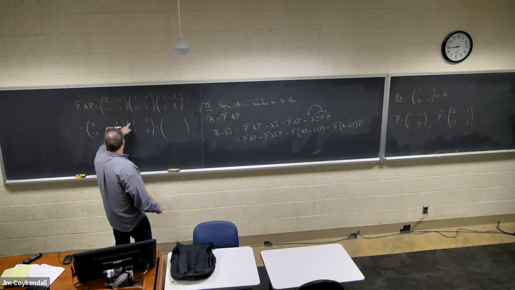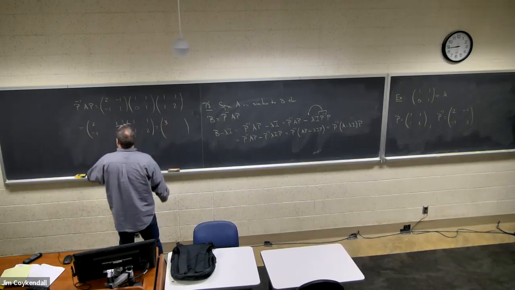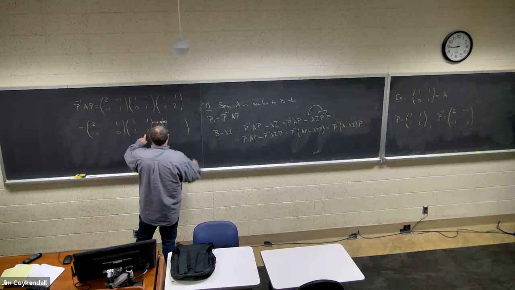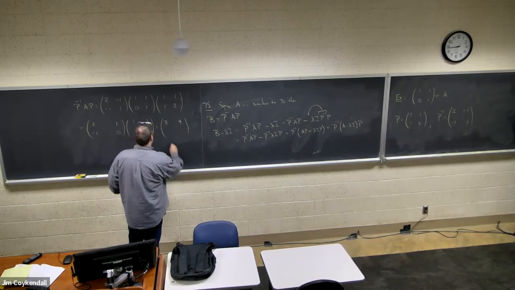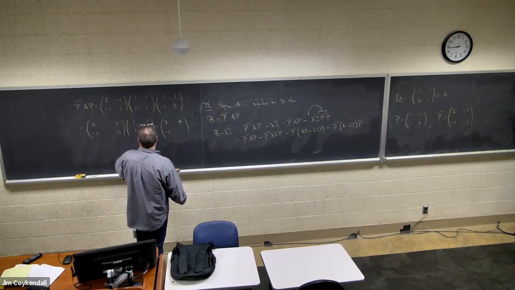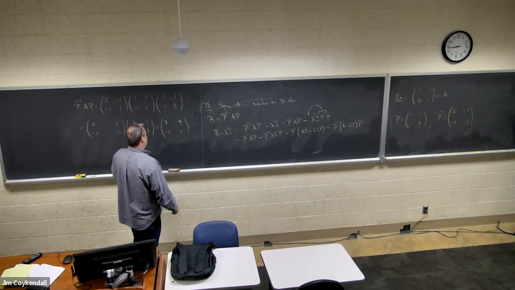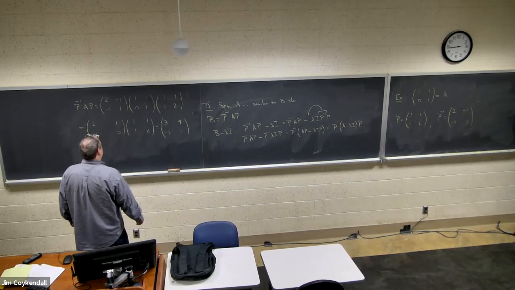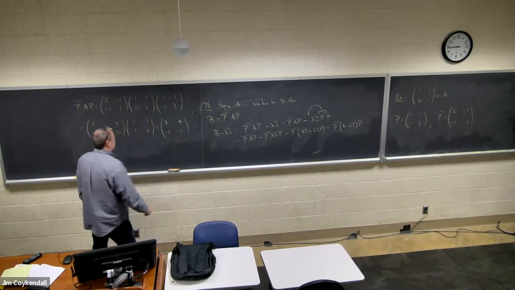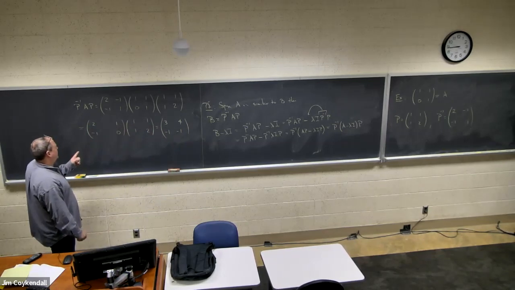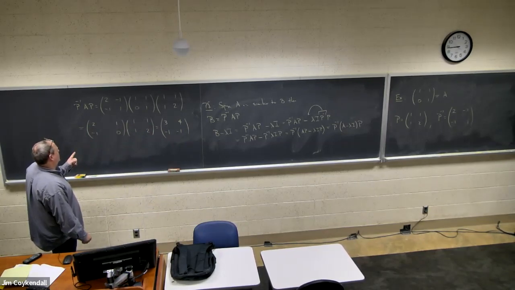This is going to be 2 and 1 is 3. This is going to be 2 and 4. This is going to be -1, and that's going to be -1. 3, 4.